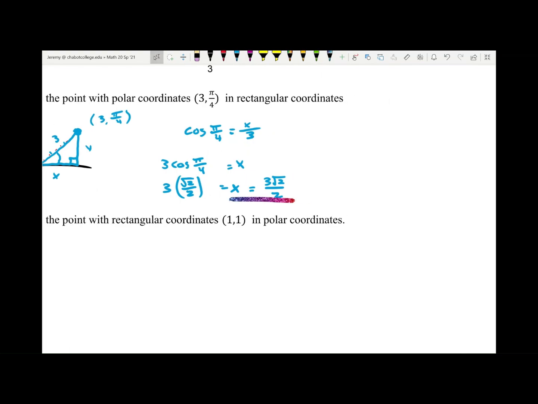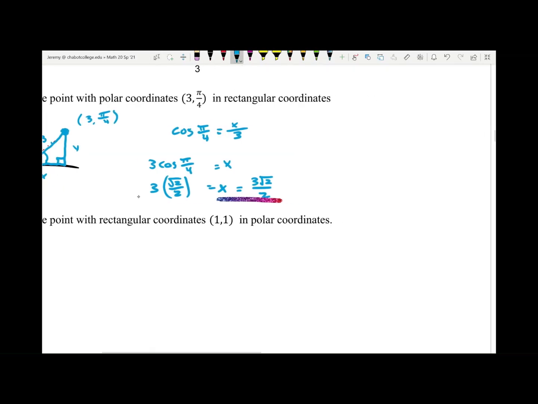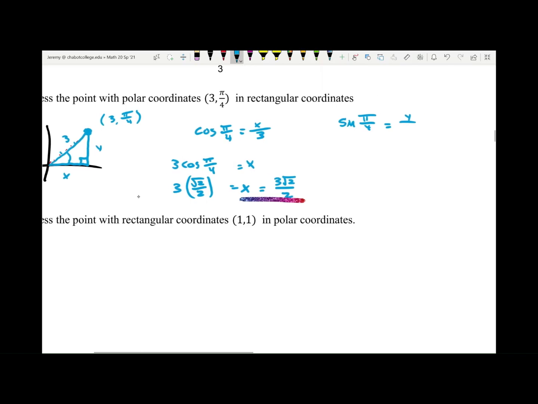So that's important. And then solving for the y value, I can see that sine of pi over 4 is equal to y over 3. Multiply both sides by 3. So that's me using right triangles to solve this. You also could have just had that formula memorized. Up to you. So I get 3 times sine of pi over 4, which is root 2 over 2.